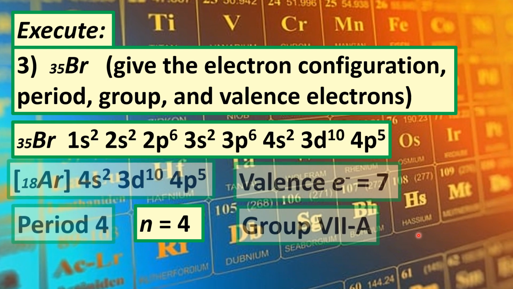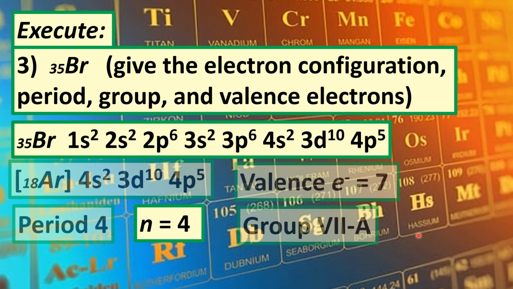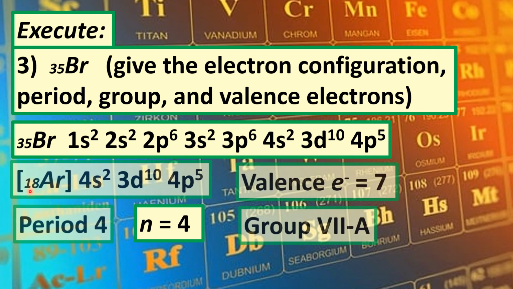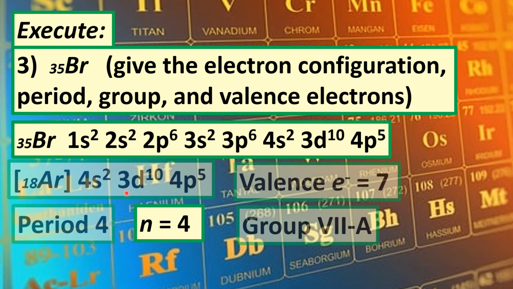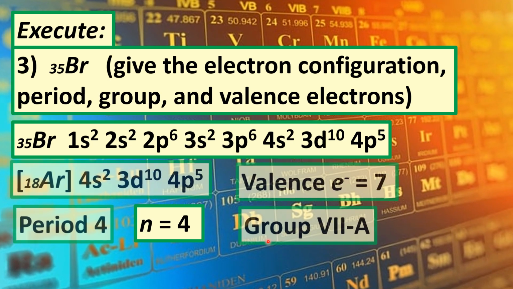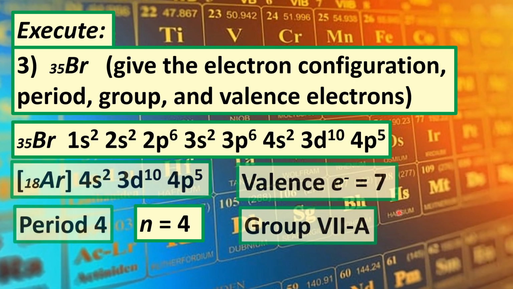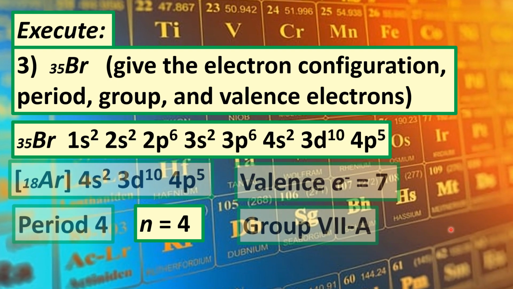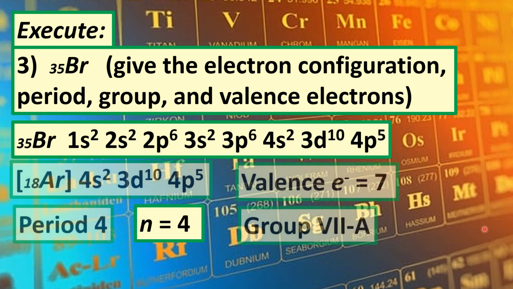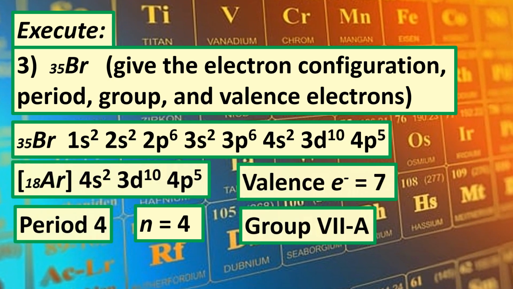So summarizing our answers, bromine has this configuration, bracket argon 4s2, 3d10, 4p5, belonging to period 4, group 7A, and with a valence electron equal to 7. So that ends my presentation.